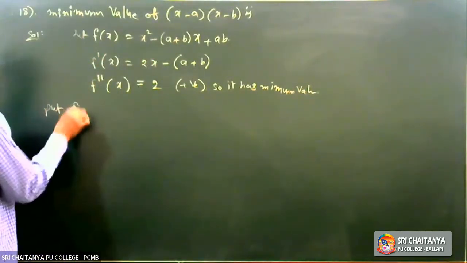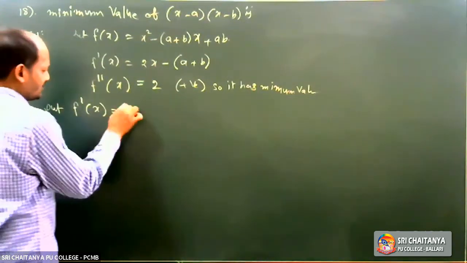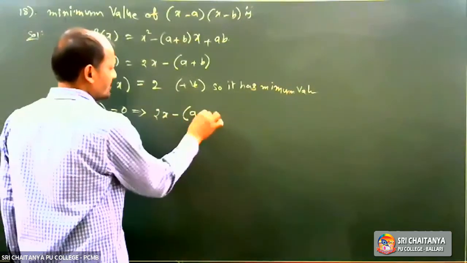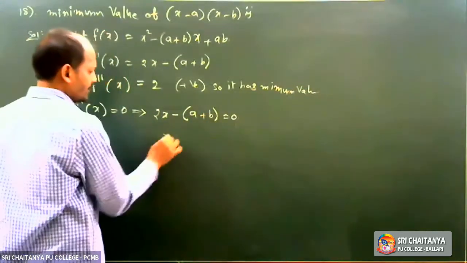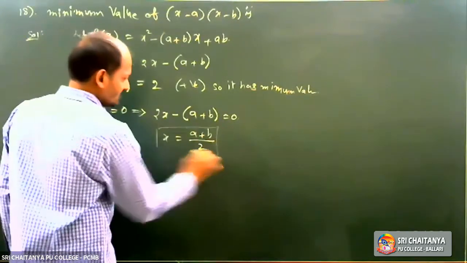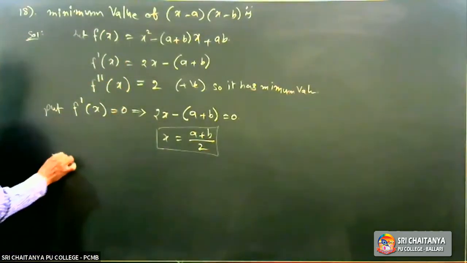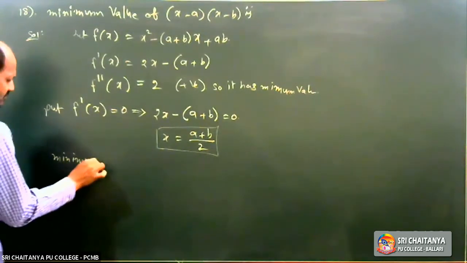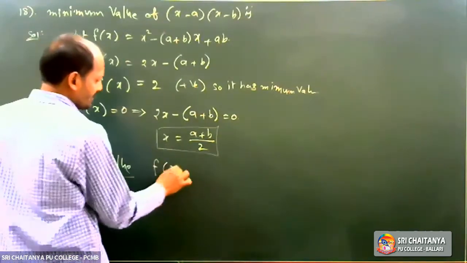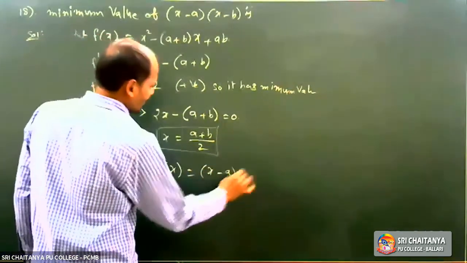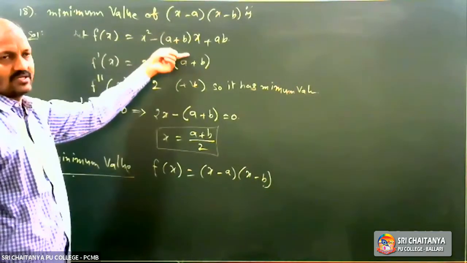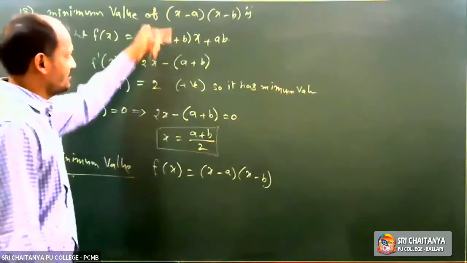So put first derivative f dash of x equal to 0. That means 2x minus of a plus b equal to 0, x is equal to a plus b divided by 2. Now the minimum value. What about f of x? It is x minus a into x minus b, or x square minus of a plus b into x plus ab, both the same.